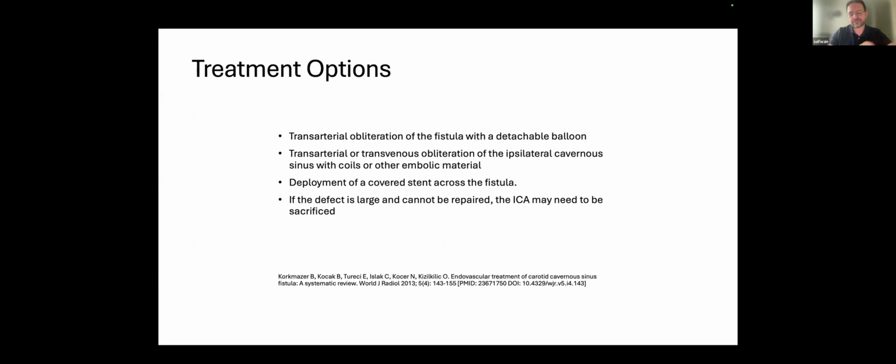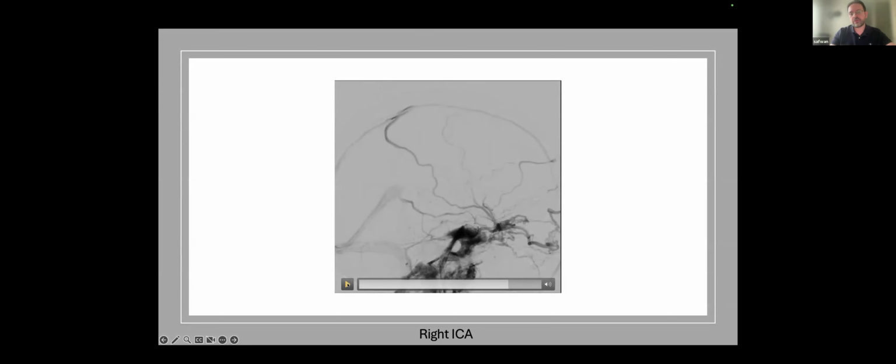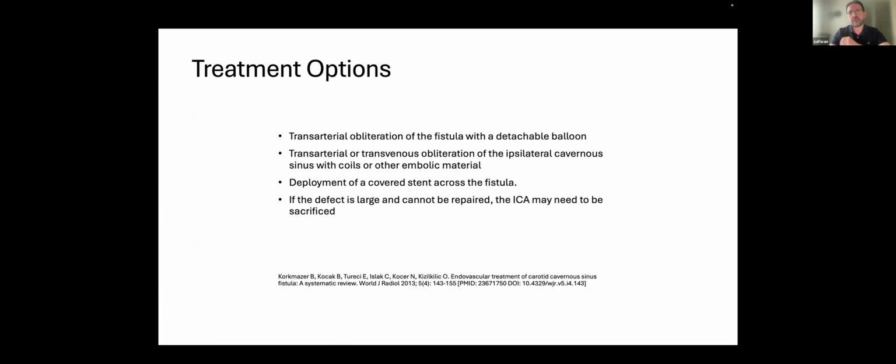So the question is how to treat this patient. Of course, we have the collaterals, and we have the cortical reflux that we showed in this slide. So I would of course go for treatment. The question is how to proceed. As you know, there are different options in such cases, like detachable balloons, transarterial or transvenous obliteration of the ipsilateral cavernous sinus with coils or other embolic materials, deployment of covered stents, or sacrificing the carotid artery completely.